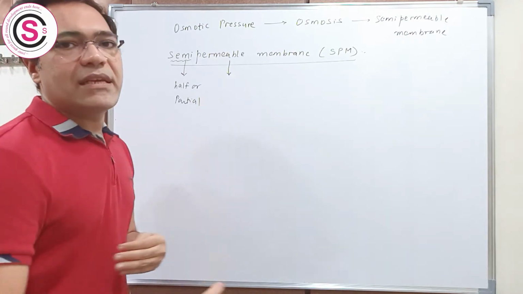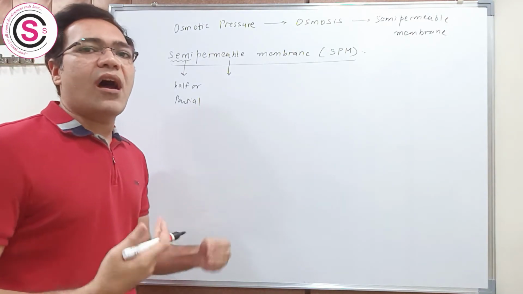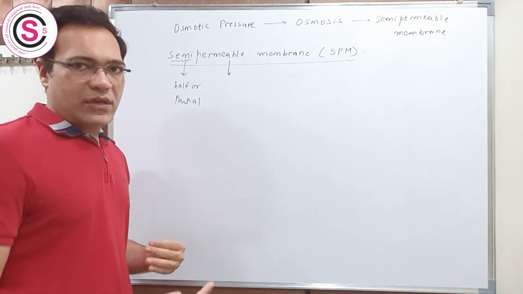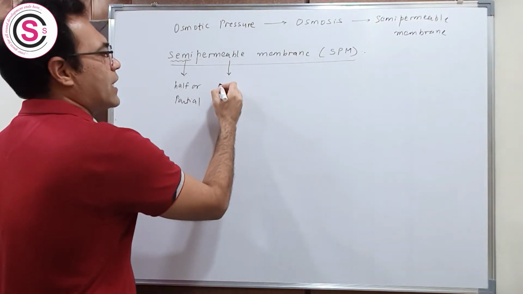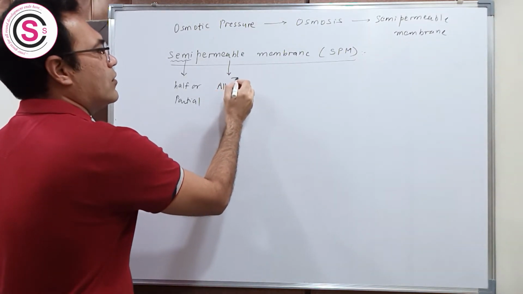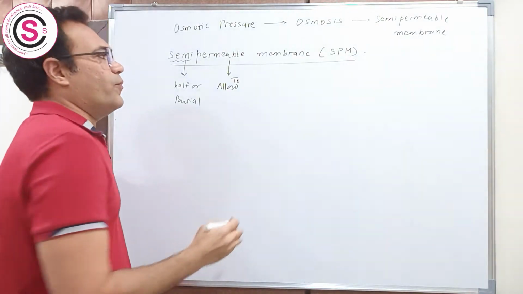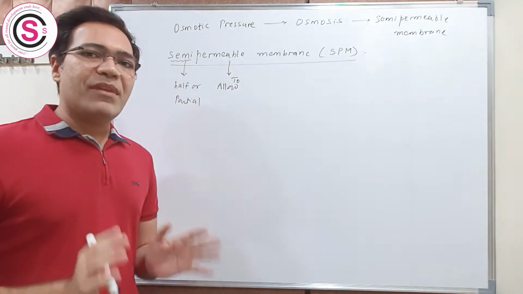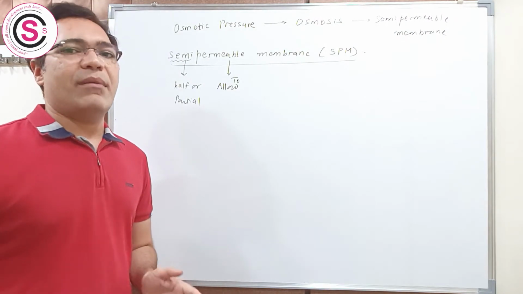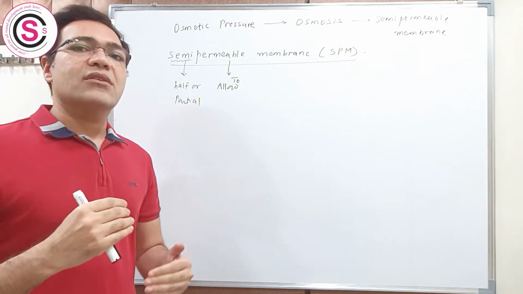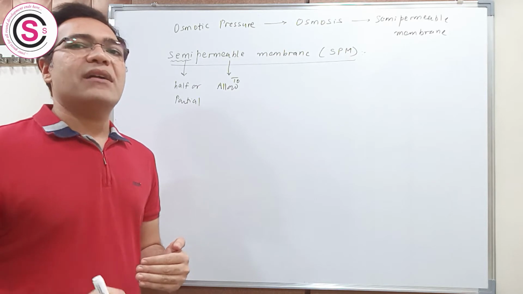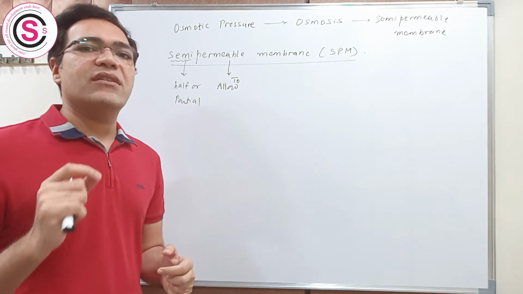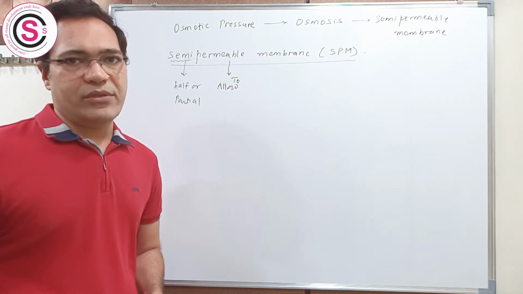Permeability is the permission to allow, to go. So it is nothing but allowance. Permeability means to allow, and membrane means a membrane. So students, a semi-permeable membrane is basically a membrane which will allow the solvent molecules to pass through it while restricting the movement of solute molecules.